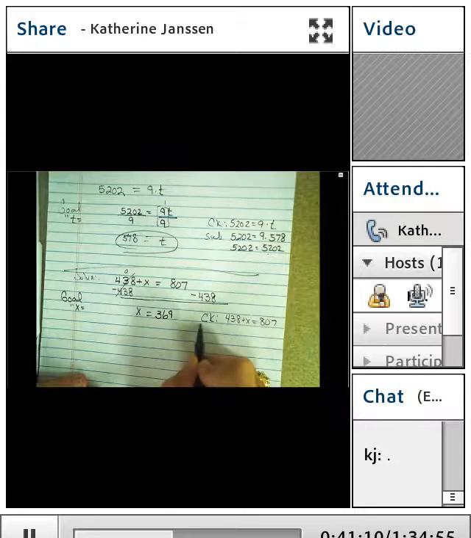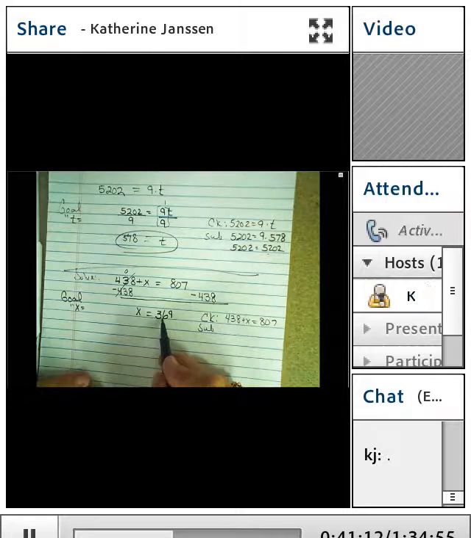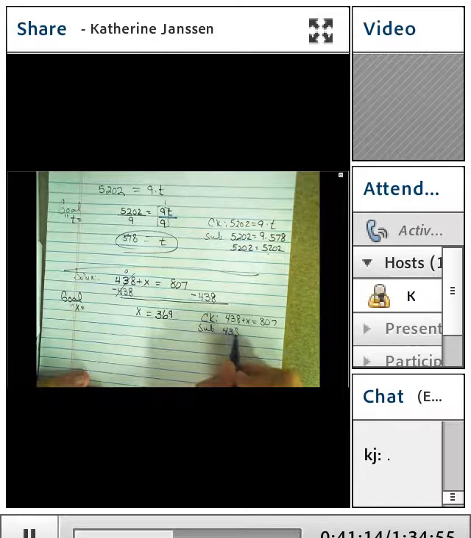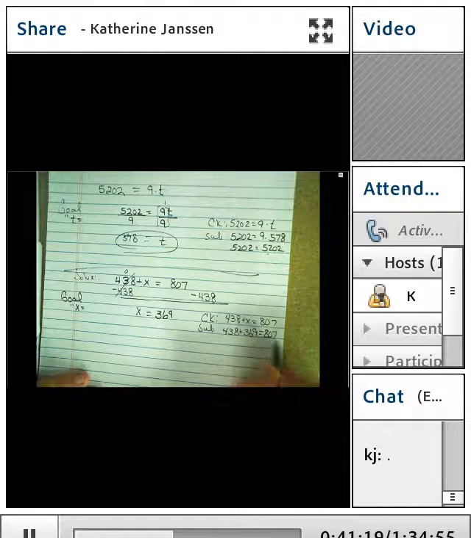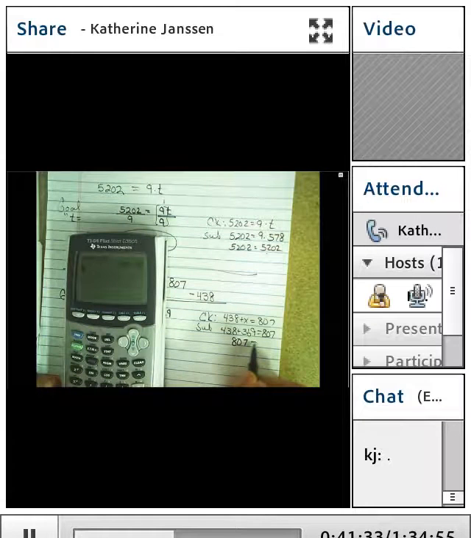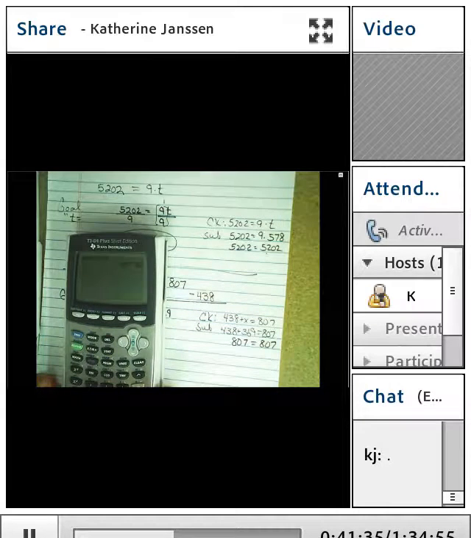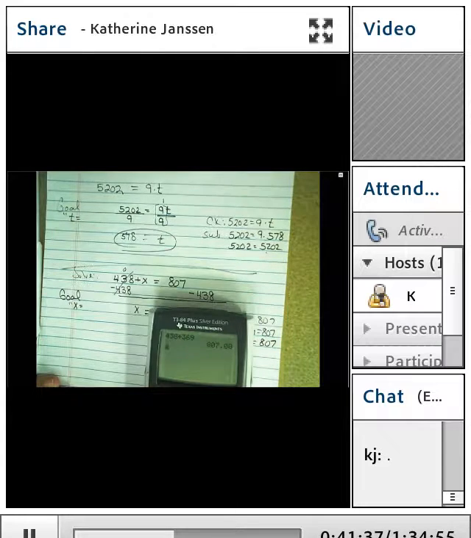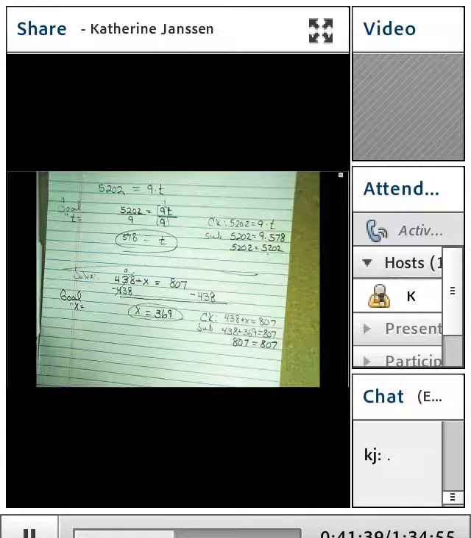I'm going to substitute my answer, which is 369, for every occurrence of x. 438 plus 369 is equal to 807. 807 equals 807. So I can circle my answer.